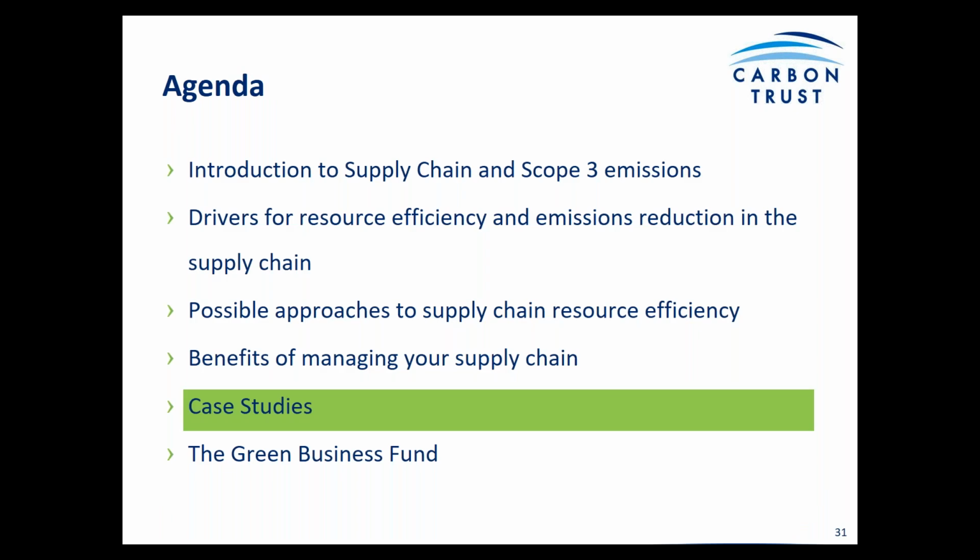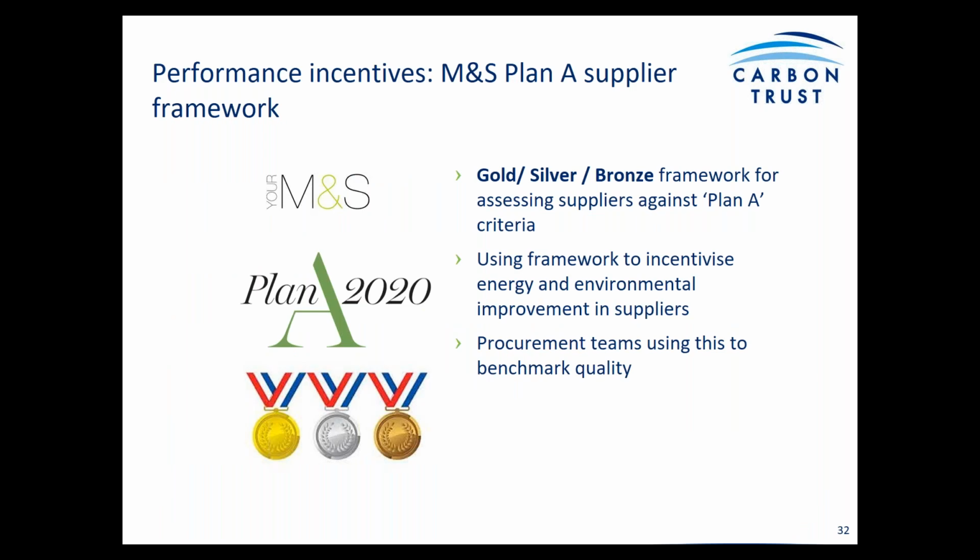So let's have a look at some of the case studies for companies that we've been working with. The first one is focused on supplier performance improvement. We supported M&S in the development of bespoke supplier scorecards that rate their suppliers as gold, silver, or bronze, and that are now incorporated into the normal procurement processes.